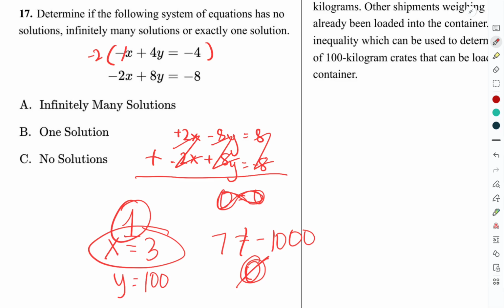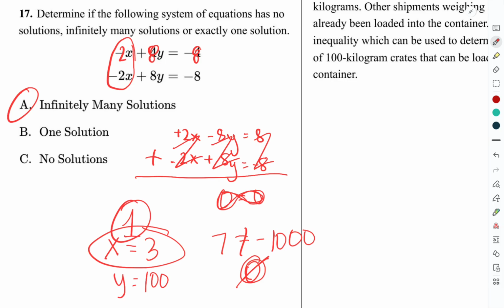I had gotten everything to cancel out, so this was infinite. I could tell immediately because I can see that these fit, right? If I times this by 2, I would get the same thing. If I times this by 2, I would get 8. And if I times this by 2, I would have gotten -8. I would have gotten the same line, letter for letter, number for number, all the way across.